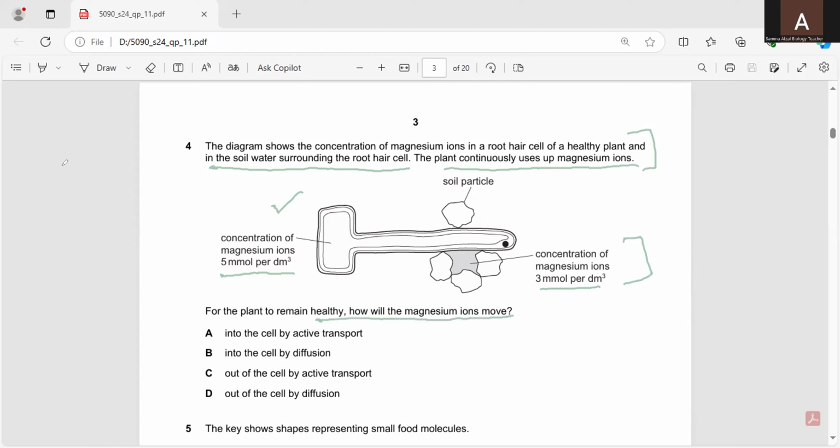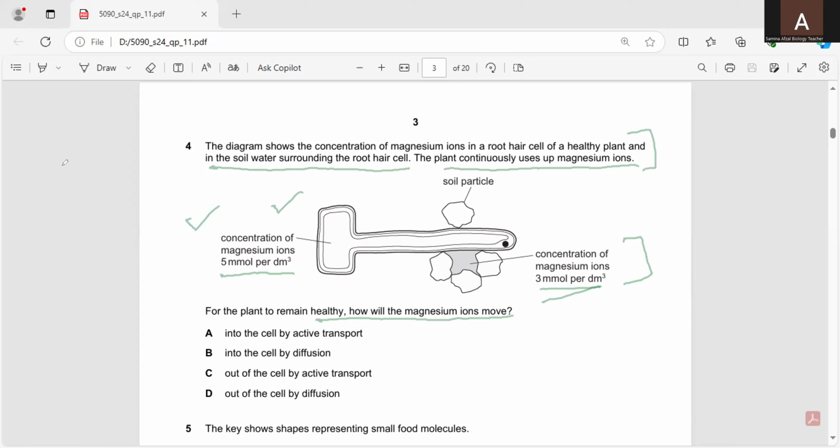Outside, the concentration is less as compared to the concentration inside the root hair cell. So definitely the movement of ions is from the lower concentration towards the higher concentration, or against the concentration gradient, by using energy.